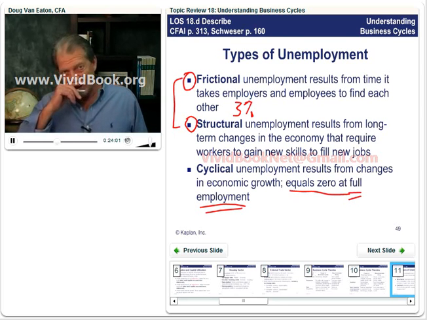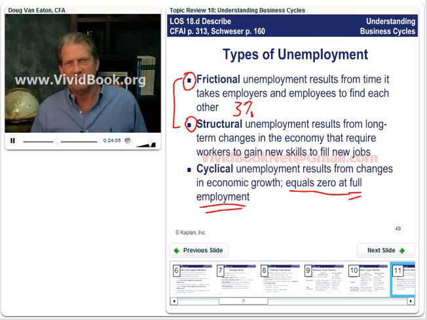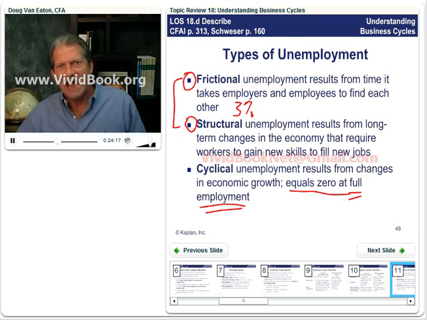The other thing to note about cyclical unemployment is it can be positive or negative. Frictional unemployment, let's call that positive. Structural unemployment, that's positive. They're never below zero. But if we get over full employment during an economic expansion, we could say, well, cyclical unemployment is negative. So we've got frictional and structural equal to 3%.